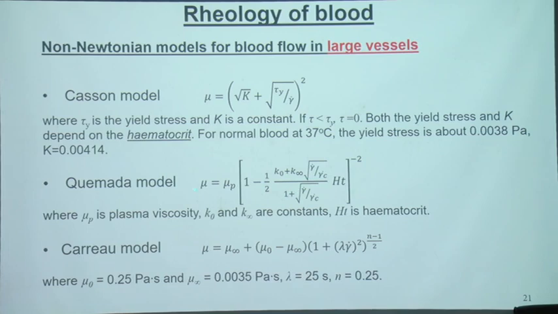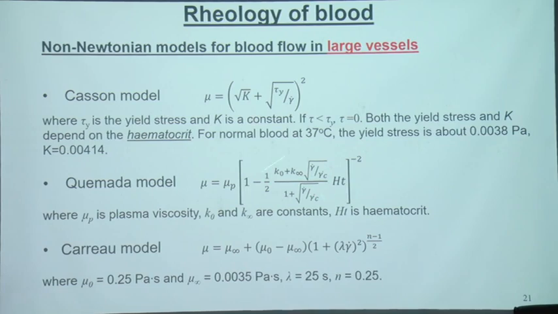The Kimada model is quite commonly adopted, and it's also used in some of our published work. It's a function of the hematocrit, and you can see these various constants that have been determined, like K naught, K infinity, and the critical shear rate gamma.